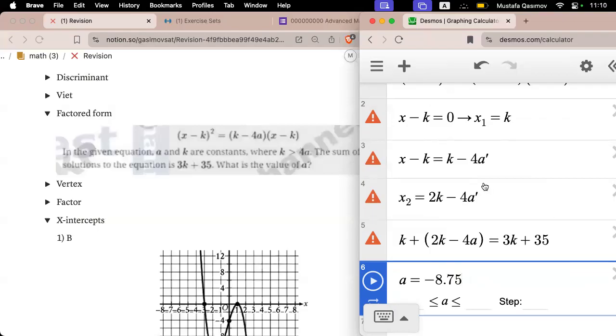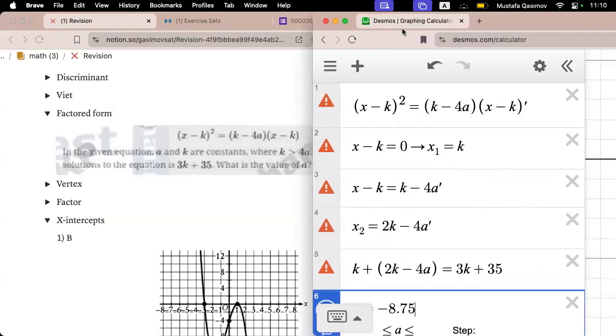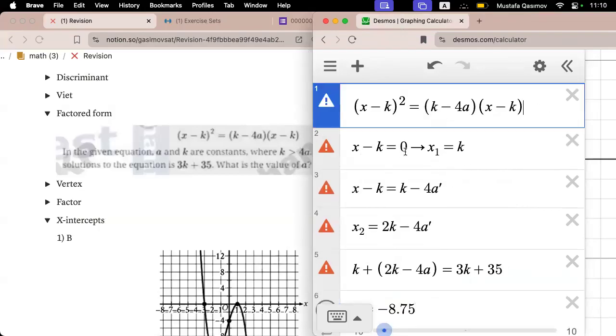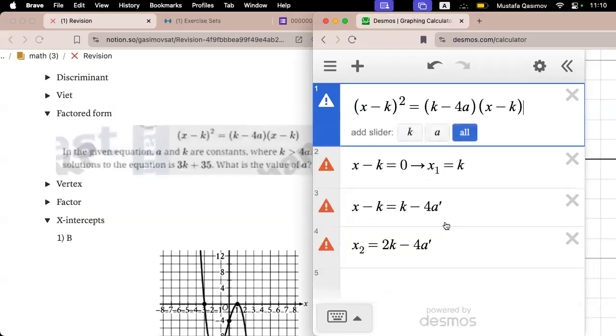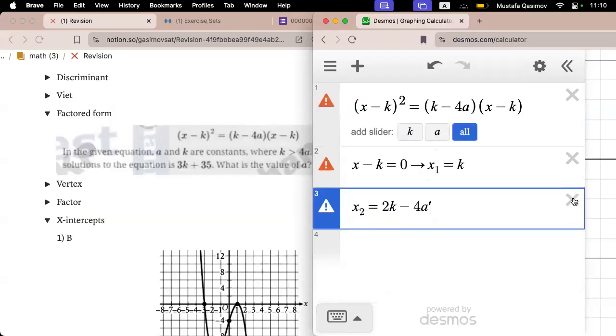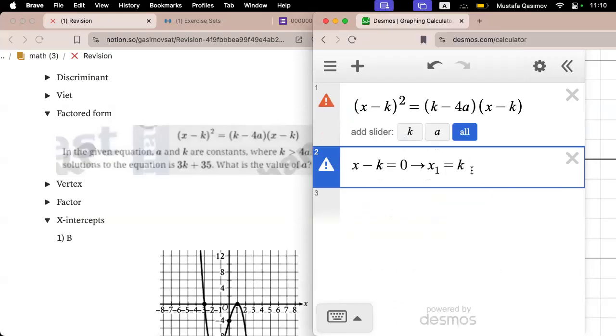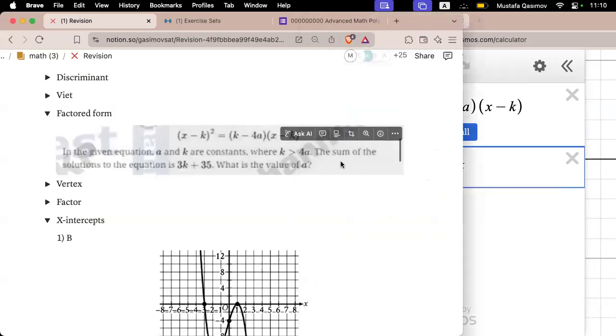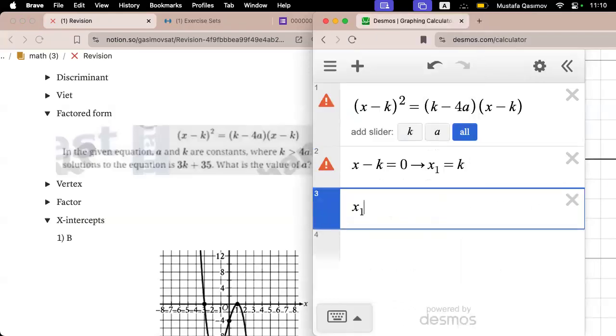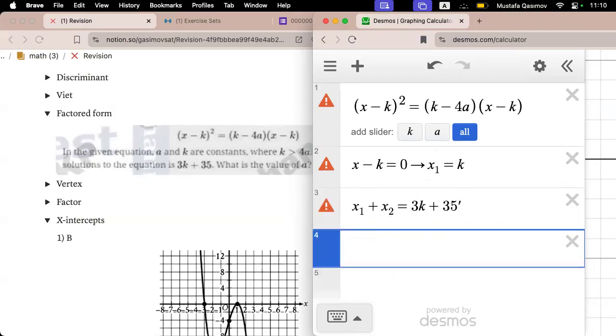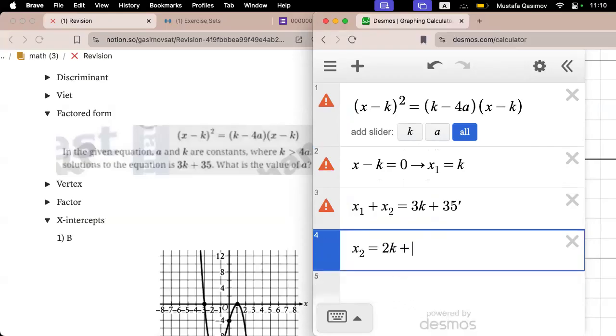Okay, I don't like this method which I show now. You can also do it like that. If you find x1 is equal to k, because the sum of solutions is equal to 3k plus 35, you can also think of it like this: x1 is equal to k and x2 is automatically 2k plus 35, right?